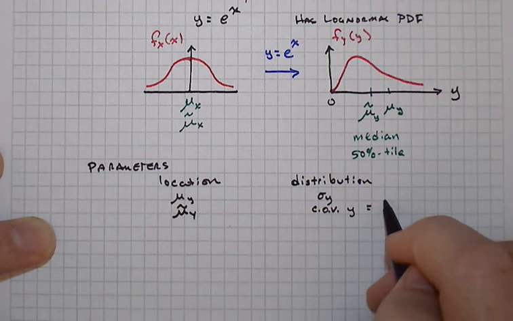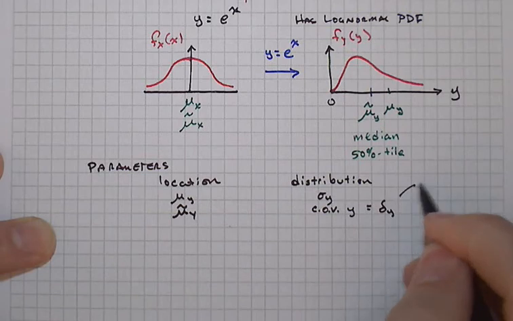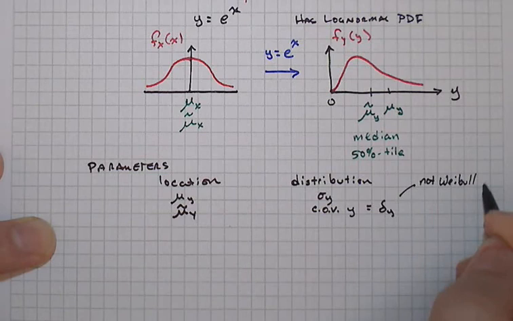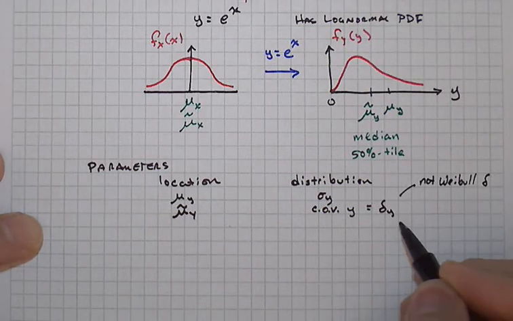They'll sometimes use little delta. That's not to be confused with the delta that's running around in the Weibull model. And I know this is a pain because it's very confusing. You'd like to think that one symbol means one thing and you don't have to remember all the different contexts, but unfortunately that's just the way life is here, that we have to deal with this.